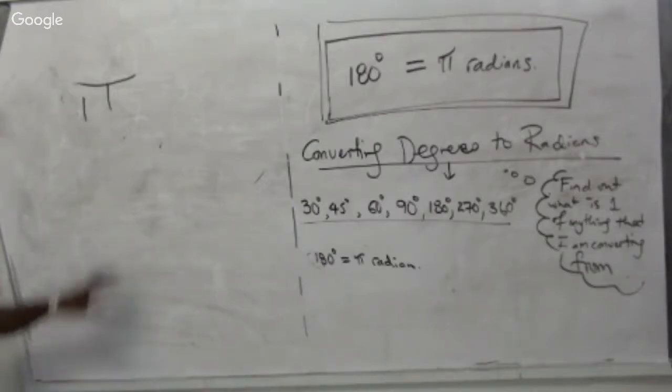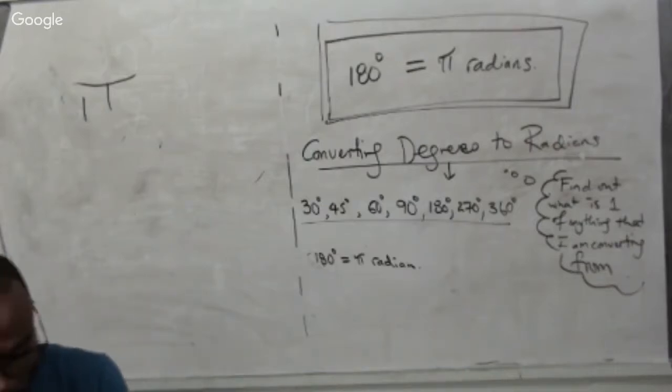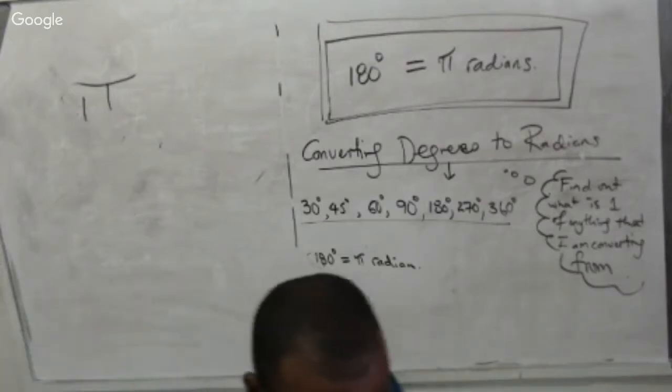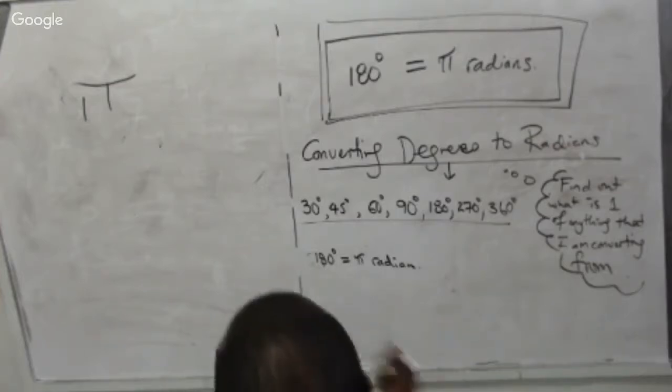All right, guys. On your calculator, pi is above the times 10 to the x button. What's times 10 to the x? Where have we ever seen this? What topic?